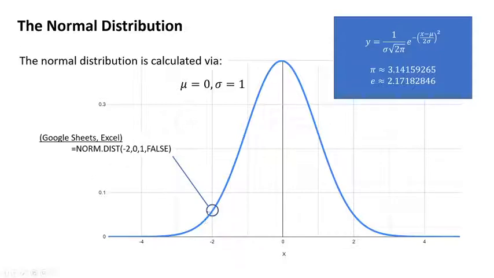But here is how it's calculated. If you want to know what this value is right here of this normal distribution, the proper command for it in Google Sheets as well as Excel is this command, norm.dist, normal distribution. And what are all these numbers here? Well, -2 is what the x value is, so that's where that is. And what are the other things you need to know in order to be able to calculate this curve?